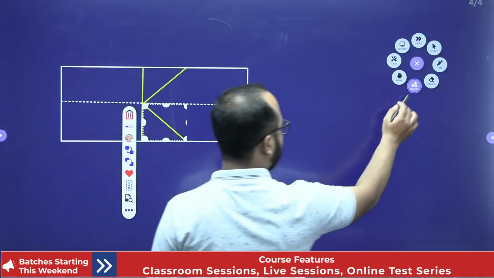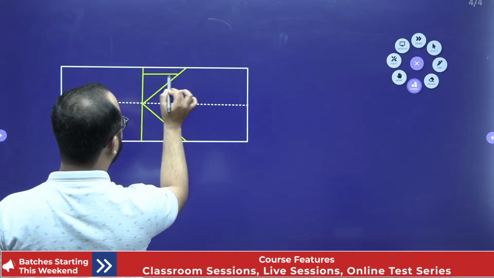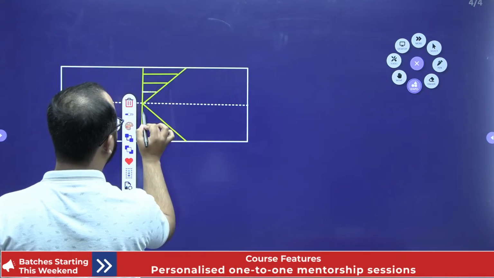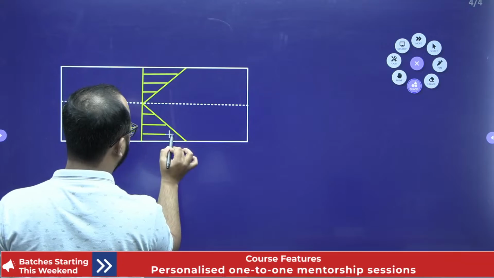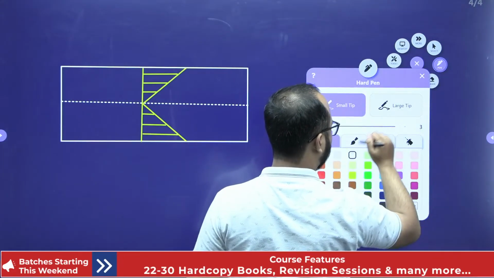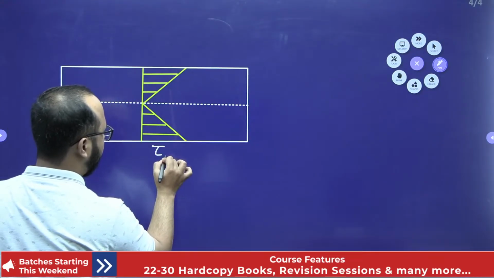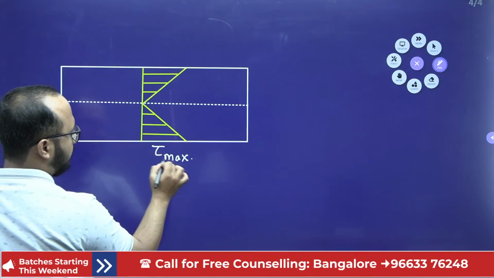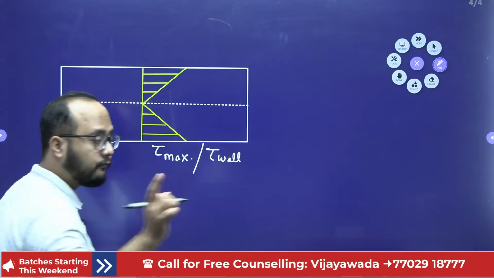Okay. So like this, the shear stress is going to vary. Right. So this is the variation of the shear stress. Okay. So shear stress will be maximum at the wall. Or you can mention shear stress at the wall of the pipe.